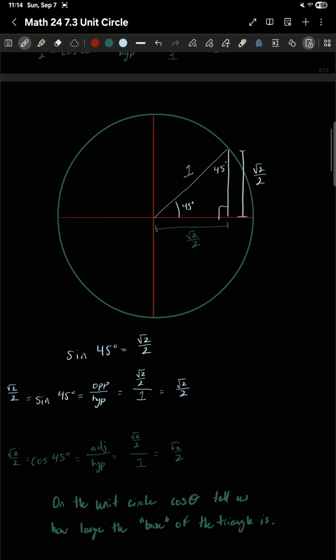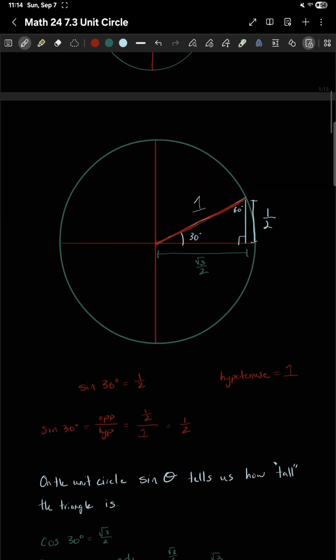And hopefully these images give us a bit of clarity on why that is. When we have the 30, 60, 90 triangle with a 30 degree on the bottom, clearly it looks like the base of the triangle is larger than the height, and these values here agree and tell us the same thing.